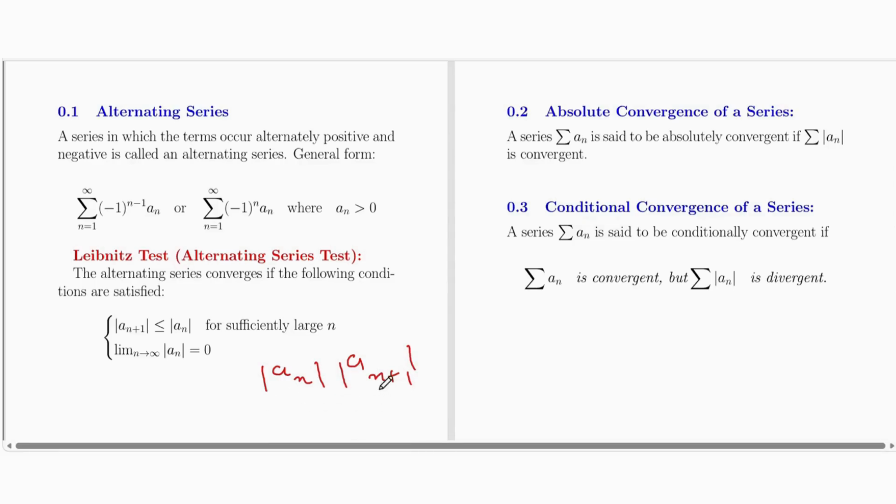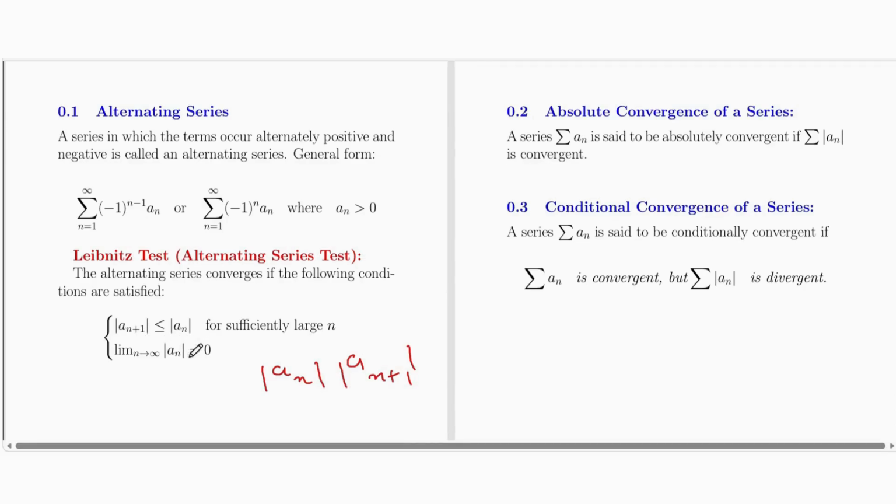And here observe the relation between mod an and mod an plus 1. If mod an plus 1 is less than or equal to mod an for sufficiently large n, then this condition is satisfied. It means we have to check that each term is less than or equal to the previous term.